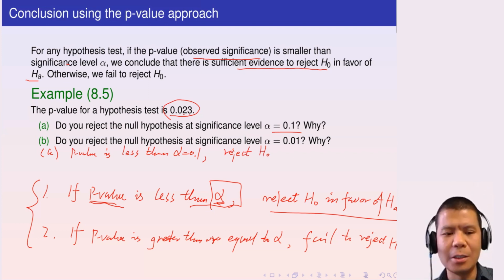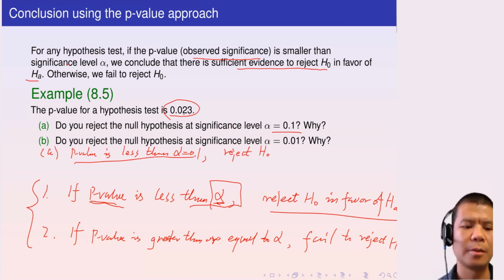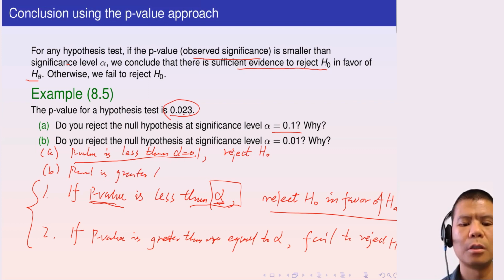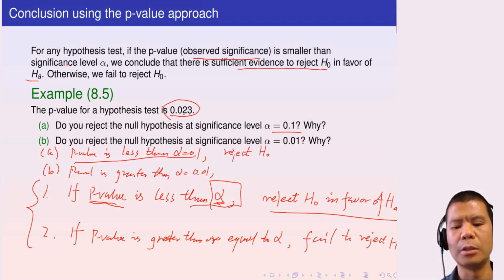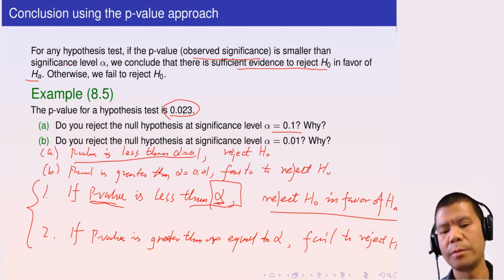Yes, we reject it. Why? Because the p-value is less than alpha. Now B, do we reject H0 at significance level 0.01? No, because the p-value is greater than alpha equals 0.01. So we fail to reject H0 at this level.